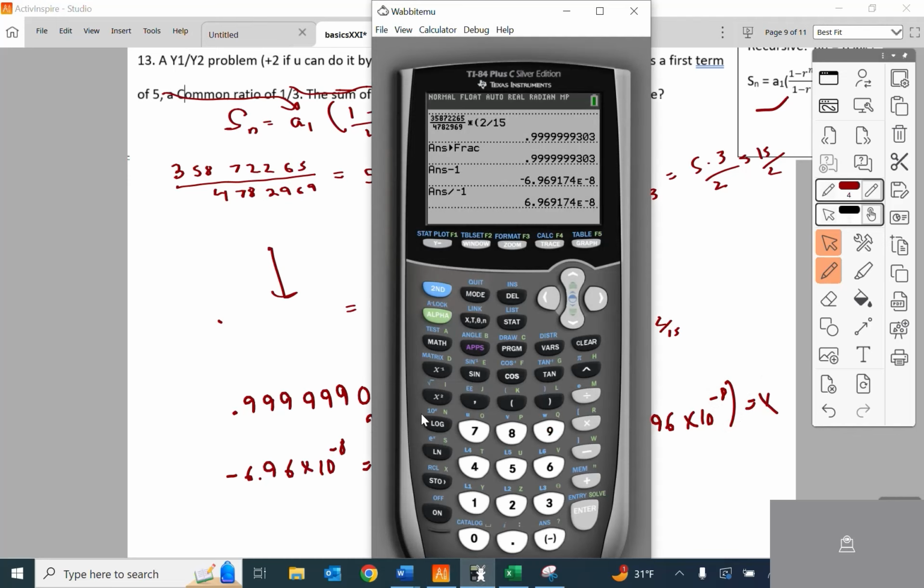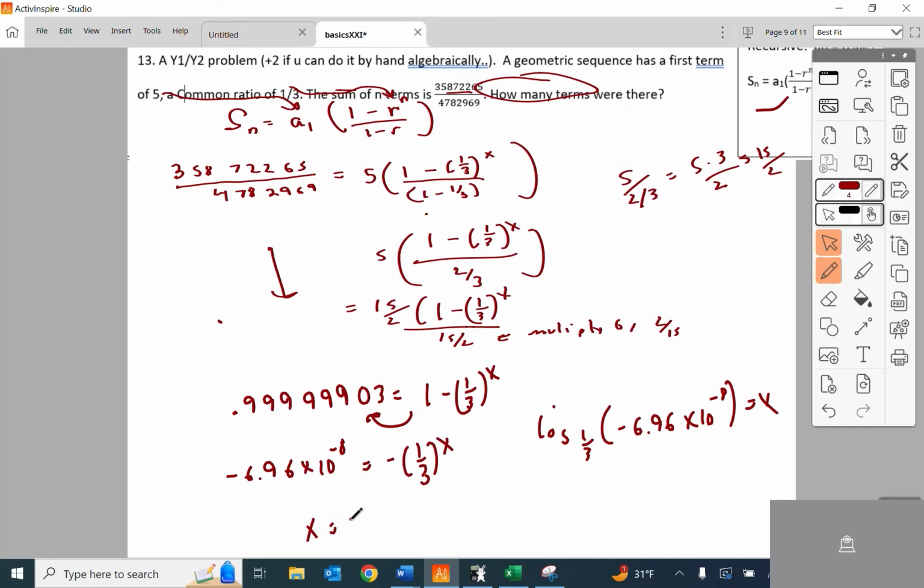So I'm going to go ahead and do change of base here real quick. I'm going to have the natural log of that funky looking decimal divided by the natural log of a third, because 1/3 was the base. And there we go. We still have a rounding error. It says x is 14.99999... 15.